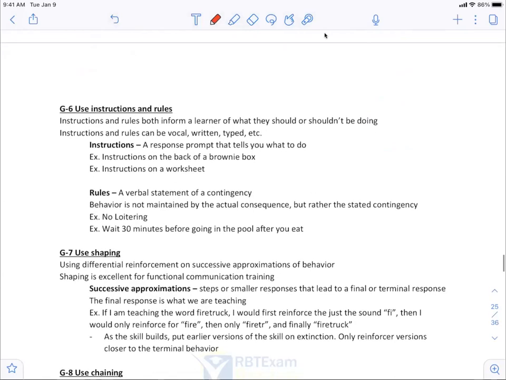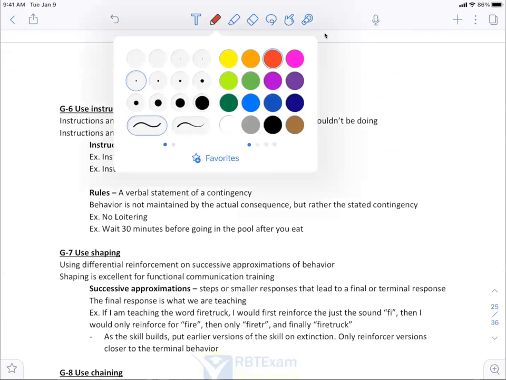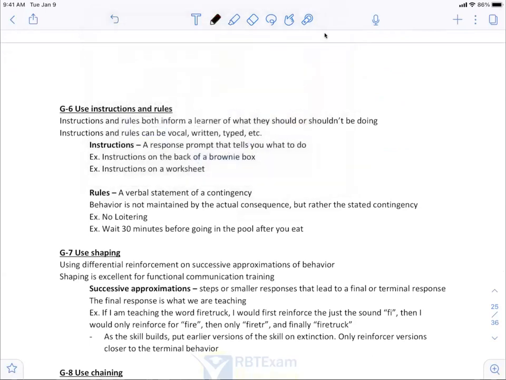G6, instructions and rules. Primary difference between instructions and rules is what? Well, instructions are a response prompt that tells you what to do, right? So you're reading instructions on the back of a brownie box, instructions on a worksheet. Rules are a verbal statement of a contingency, okay? So you're understanding through a sign or somebody tells you a rule that you can or can't do something, okay?